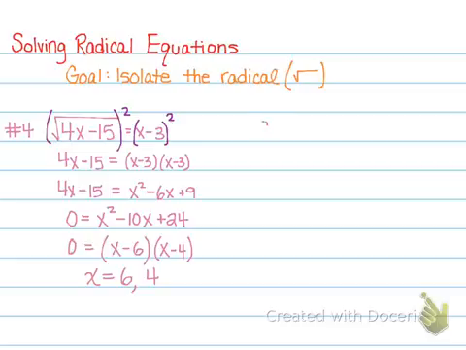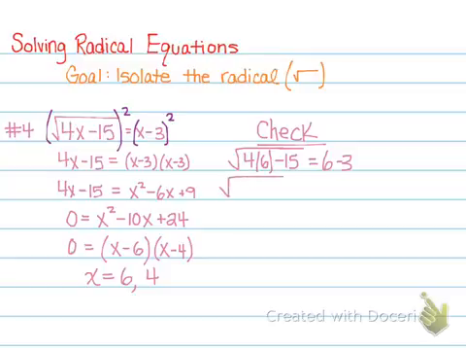So now let's check. So we have the square root of 4 times 6 minus 15 equal to 6 minus 3. So that is the square root of 24 minus 15 equal to 3. 24 minus 15 is 9, and the square root of 9 does equal 3.